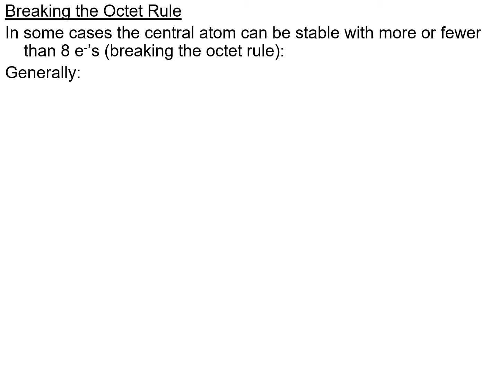So when we follow these rules, we're going to end up breaking the octet rule in a couple of cases, and you're going to see certain ones it happens quite often. So we'll see that in period 2, some of these elements are going to be fine with fewer than 8 electrons, which is okay. We've seen that before. For example, lithium, when it forms an ion, we know it loses an electron.